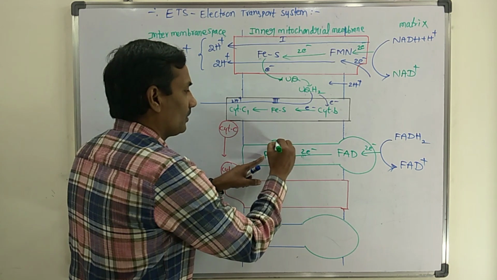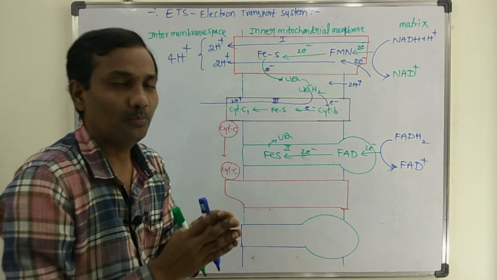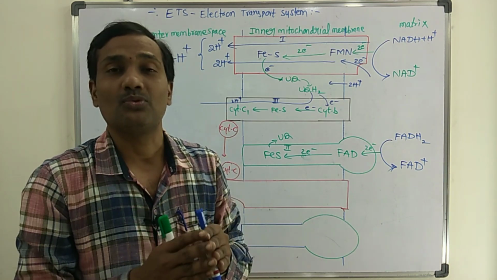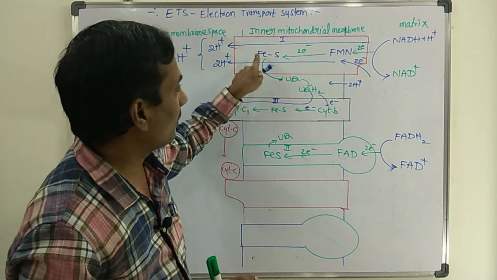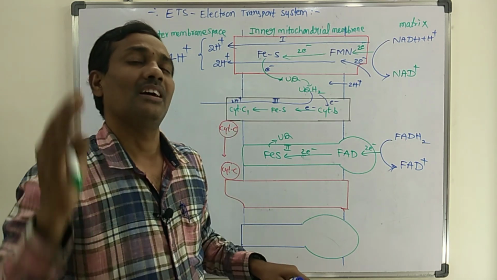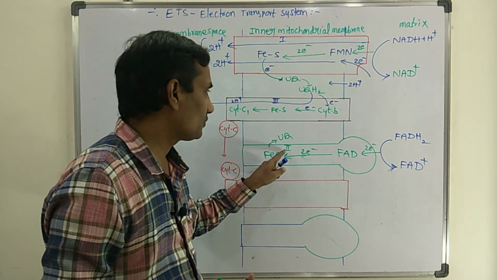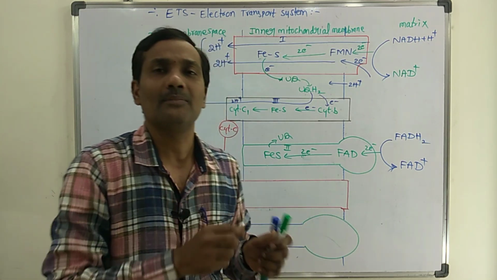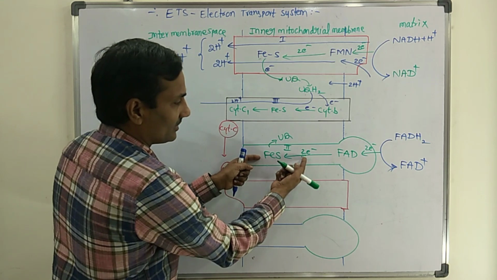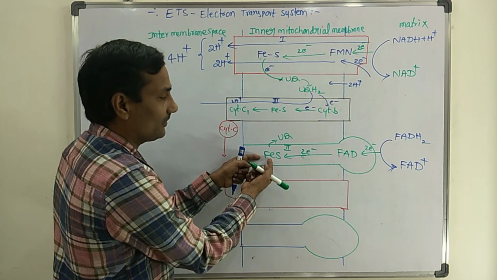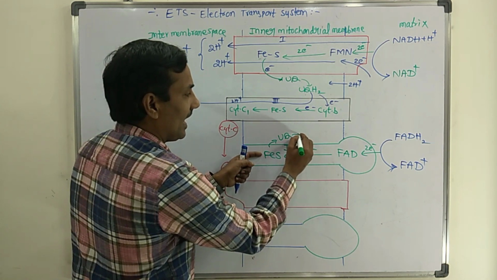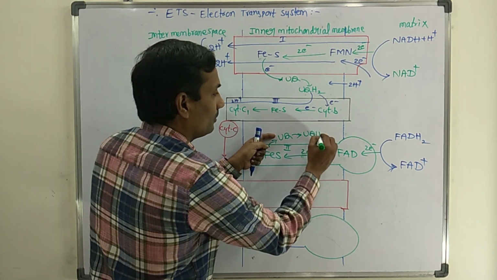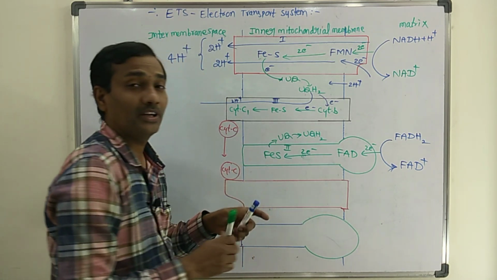Here ubiquinone is a mobile electron carrier that helps transfer electrons from complex 1 to complex 3 as well as complex 2 to complex 3. That is the specialty of ubiquinone. It is a mobile electron carrier. These electrons, coming from iron sulfur protein, are accepted by ubiquinone, which then converts into UQH2, ubiquinol.